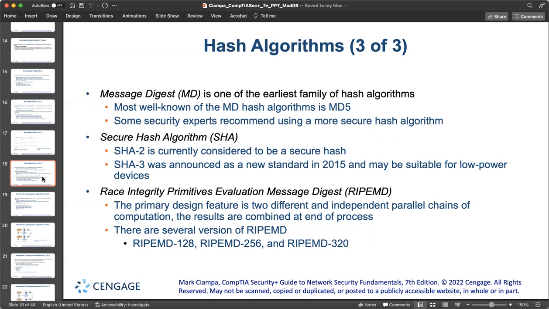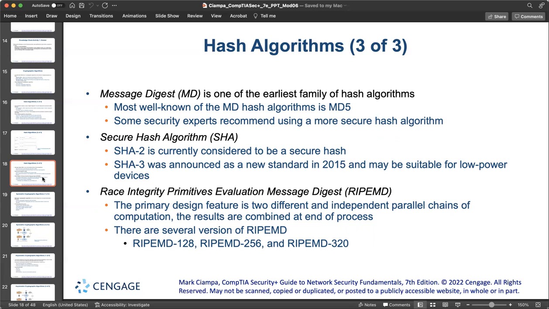SHA-2 has 6 variants. The most common are SHA-256, SHA-384, and SHA-512. Note that these last numbers indicate the length in bits of the digest that is generated. So basically SHA-3, SHA-2, and all those have larger sizes, right?